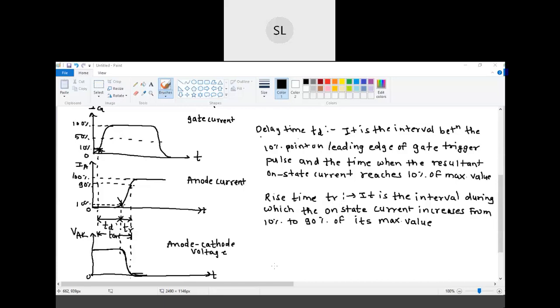Okay, it means that once the gate pulse has been applied, a large amount of anode current will start flowing through the device. Okay, and finally it is the turn on time, that is the total time period.